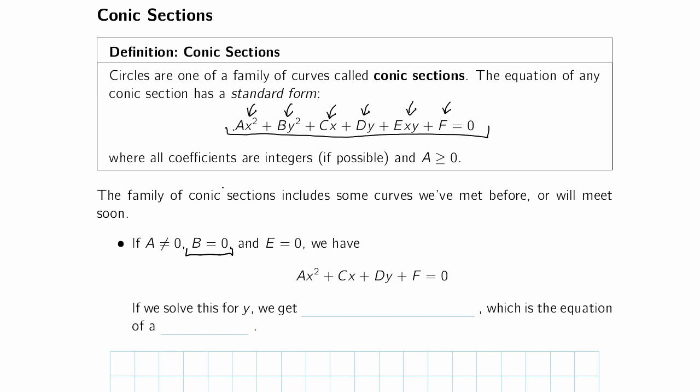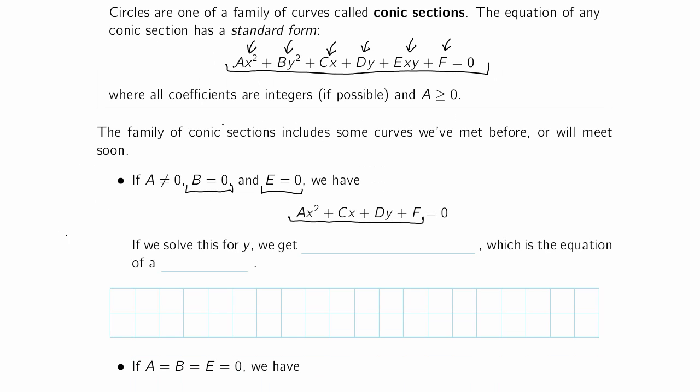If b is 0, so we have no y squared term, and e is 0, so we have no xy term, but a is not 0, we have something that looks like that. Now that's a function of y. We can solve that for y.